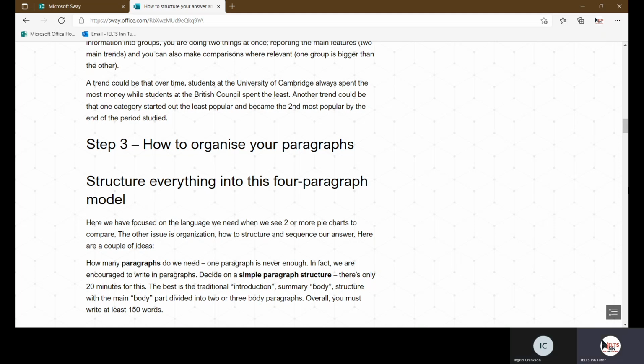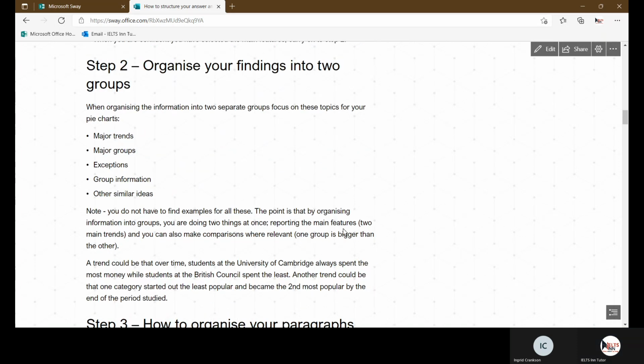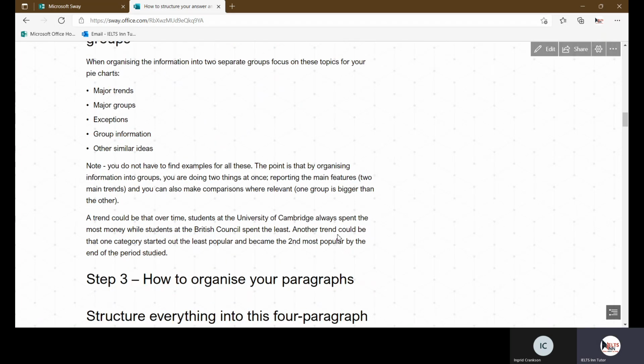This is where you tell us about the main trends of the bar graph or the line graph or the chart. The major differences, the major similarities, and any other information that you deem important.